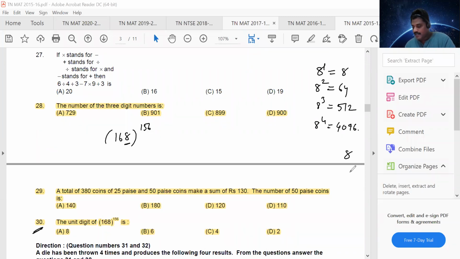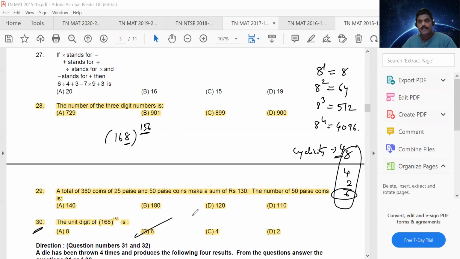So the cycle is 8, 4, 2, 6 and the cyclicity is 4. For every 4, this order will keep repeating. As the cyclicity is 4, 156 by 4 is exactly divisible. So the last one over here will be my units digit. So the answer is 6.